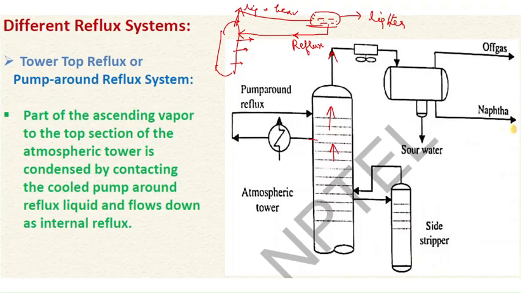Part of this ascending vapor goes into this pump around system, exchanges heat and gets cooled. After getting cooled, this vapor gets liquefied, and this liquid portion is introduced back into the tower. This is the pump around reflux.